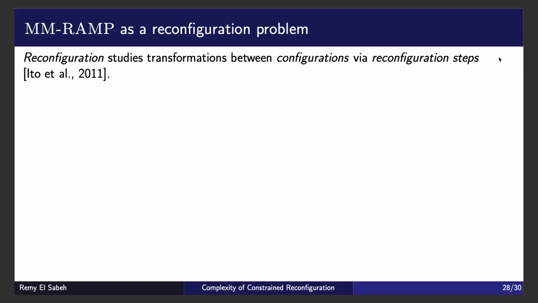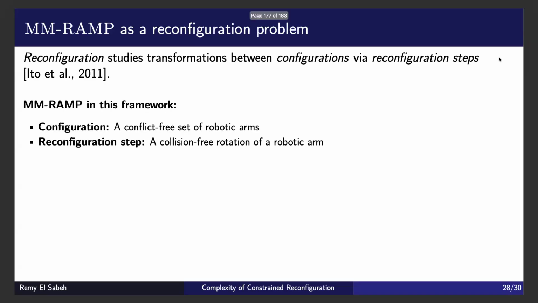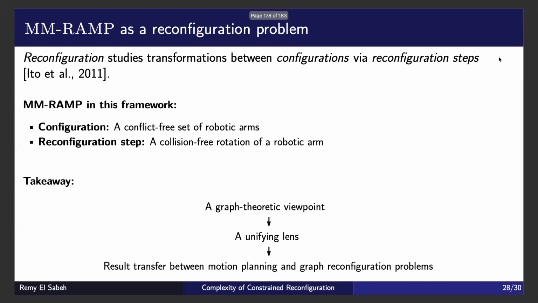These terms were coined not too long ago. It's been like 15 years now. So if you want to look at MMRAMP in the context of reconfiguration, that's what it looks like. A configuration would be a set of robotic arms that does not have any intersections, and the reconfiguration step is just rotating one of the robotic arms.